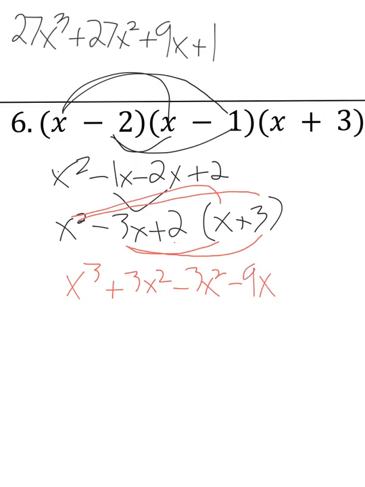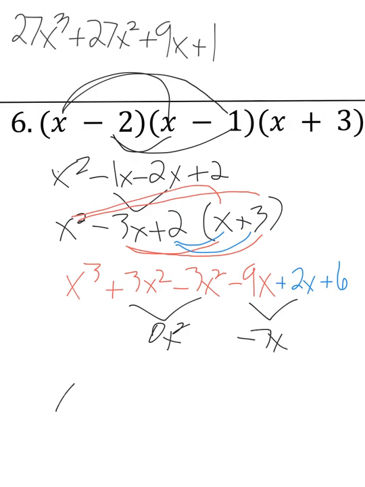And then 2 times x, so that's 2x. And 2 times 3, and that's 6. So that's going to make 0x squared. And this is going to make negative 7x.